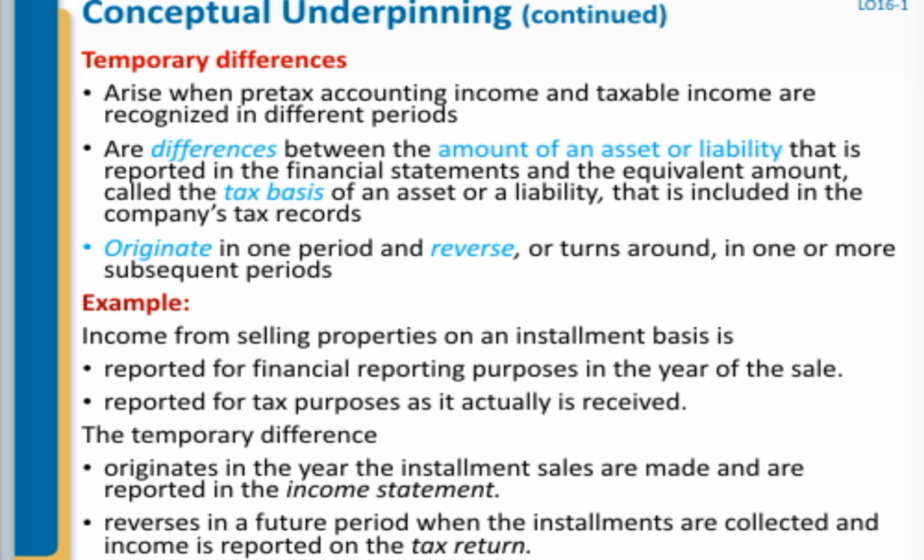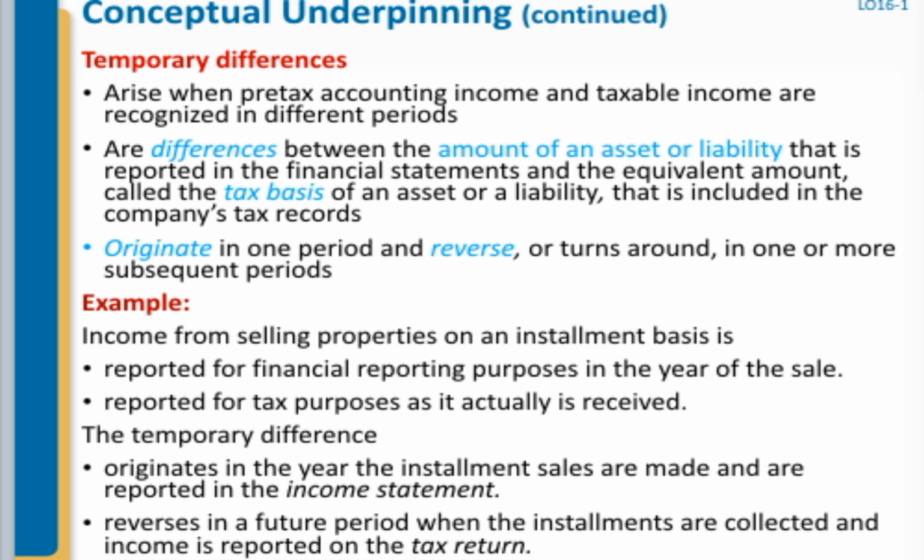And temporary differences typically give rise to the need to recognize a deferred tax asset or a deferred tax liability. Okay, and what that basically means is if for financial statement purposes, for instance, you would recognize income this year. Well, if you recognize that same income on your taxes, that would be an additional tax to you, right?